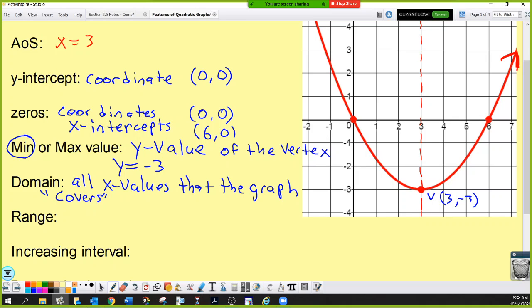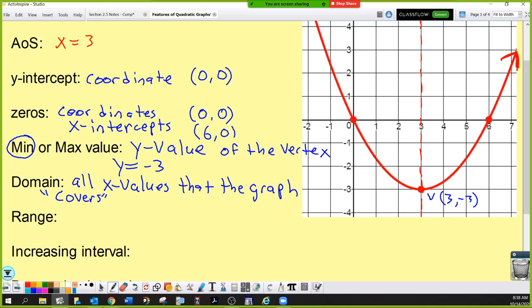The way we are going to describe spans of numbers in this course, instead of saying all real numbers, or instead of using inequality symbols, we're no longer going to use inequality symbols. We're going to describe spans of numbers using something called interval notation.